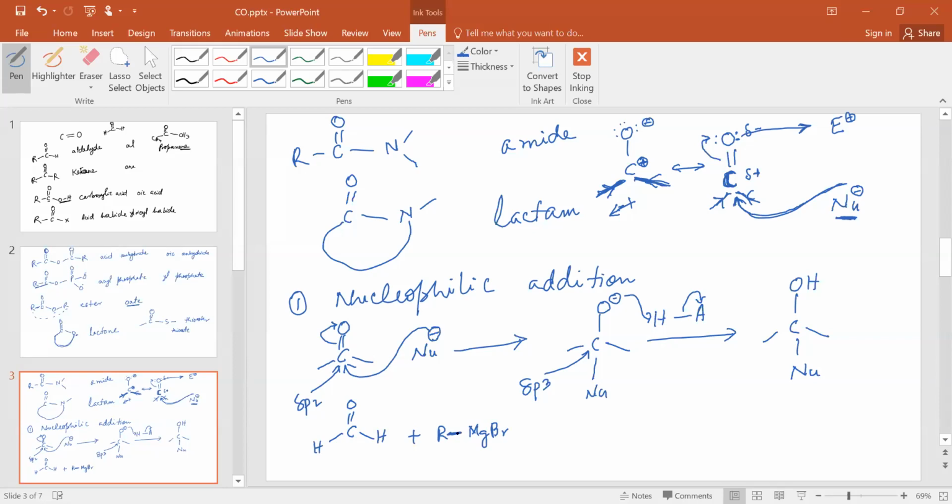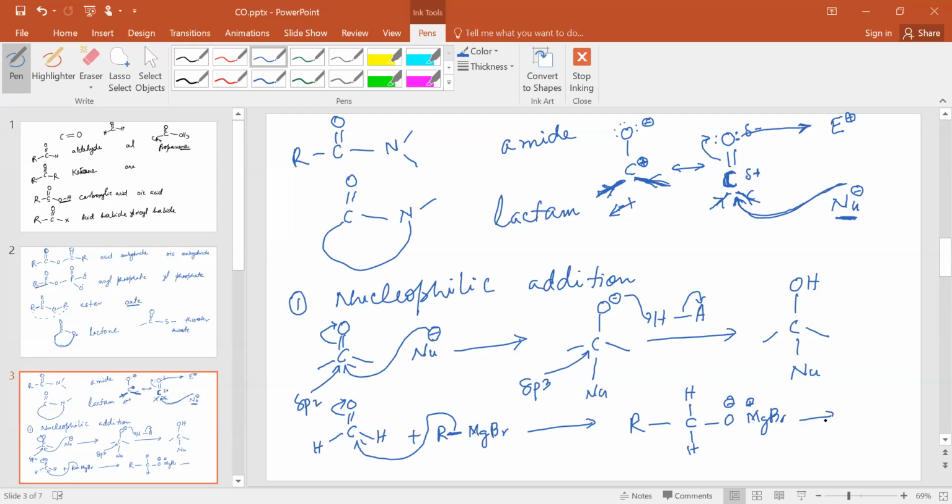Okay. So this undergoes nucleophilic addition. This is the classical example of nucleophilic addition. And it forms H2C(R)O minus. And here the counter ion remains, that magnesium plus with Br.